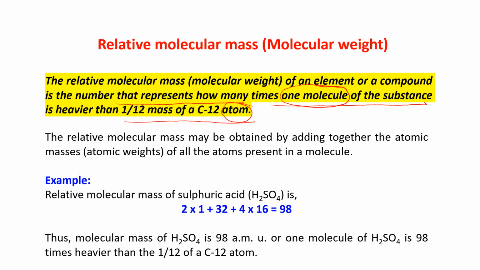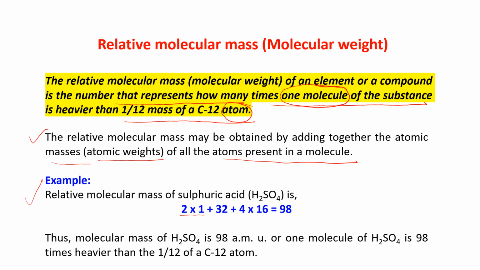Am I clear? So, relative molecular mass may be obtained by adding together the atomic masses of all the atoms present in the molecule. See here, relative molecular mass of sulfuric acid: the atomic mass of hydrogen is 1 and there are 2 hydrogens, so it is 2 into 1.